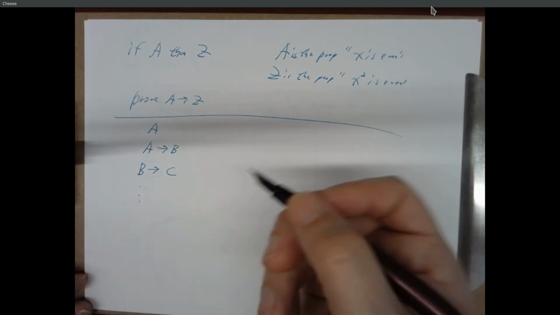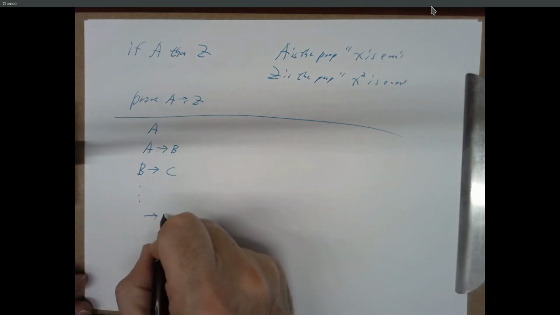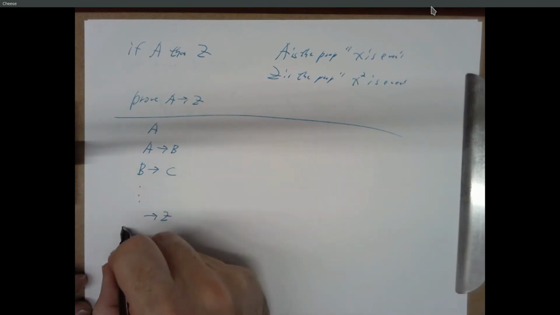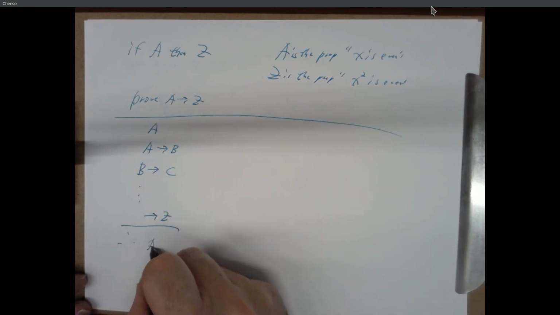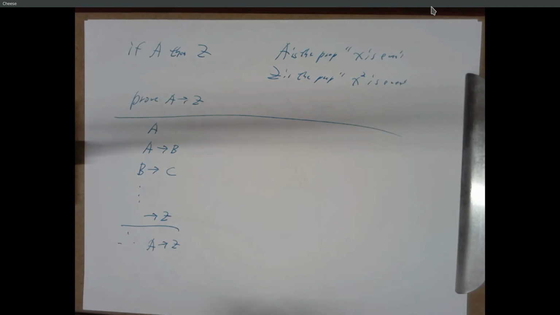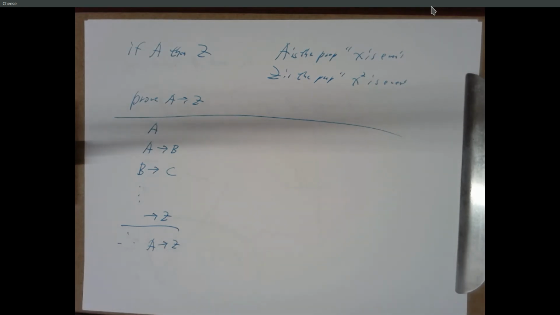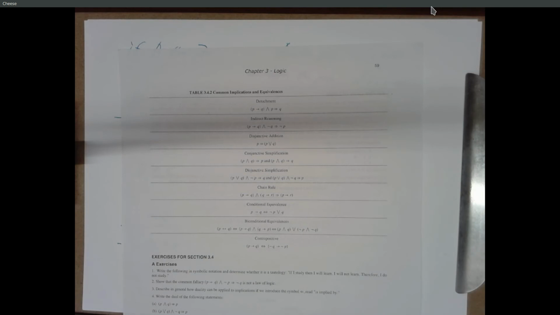And we can continue with this and eventually show that something that we've shown is true implies Z. And then we're basically saying, therefore, if A, then Z. So when we write out a proof, we're really doing a bunch of implications, using these different things like detachment and disjunctive addition and conjunctive simplification and all of that sort of business.